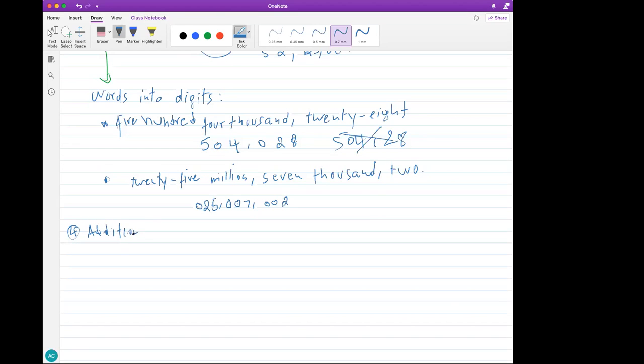Addition and subtraction of whole numbers. As you know, you can easily add numbers like that.